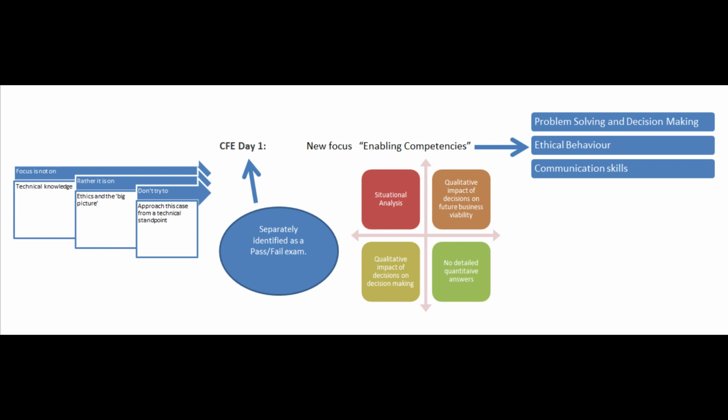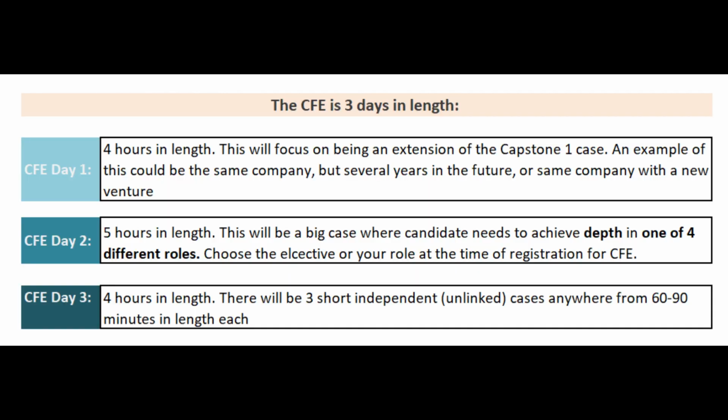Day 1 won't test the technical knowledge, but it will be based on the situational and strategic analysis. The case that comes for day 1 is a pre-decided case that a candidate chooses, and the question or the analysis that is asked in the exam is based on that particular case. The case analysis asked in the exam is usually a few years ahead of the original case studied.